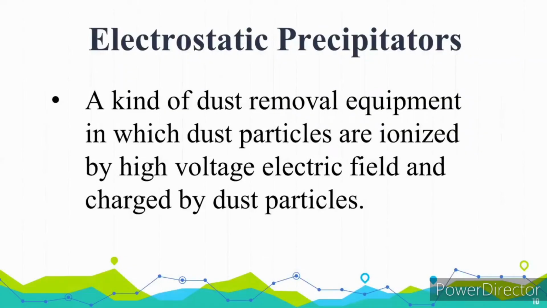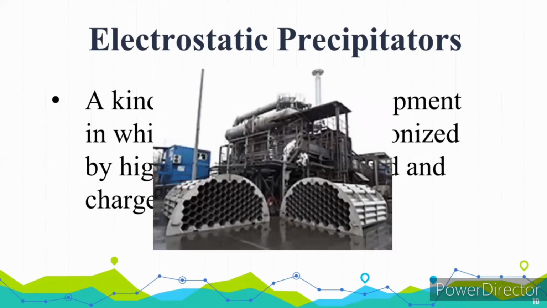Next is electrostatic precipitators. What is electrostatic precipitators? A kind of dust removal equipment in which dust particles are ionized by high voltage electric field and charged by dust particles. This is an example of electrostatic precipitators.